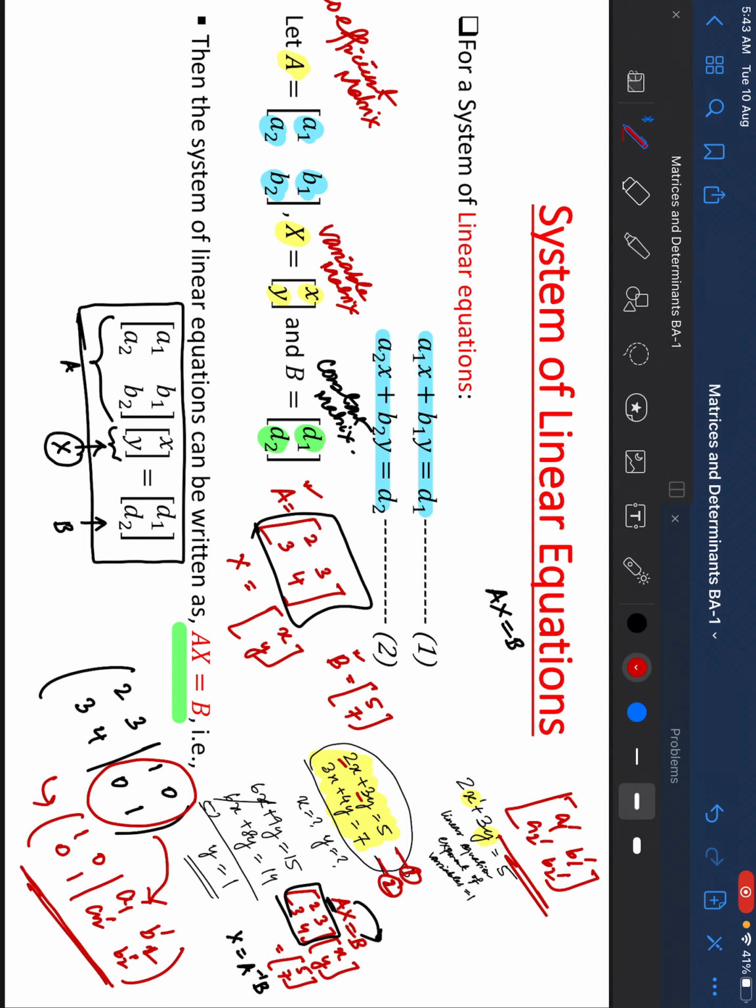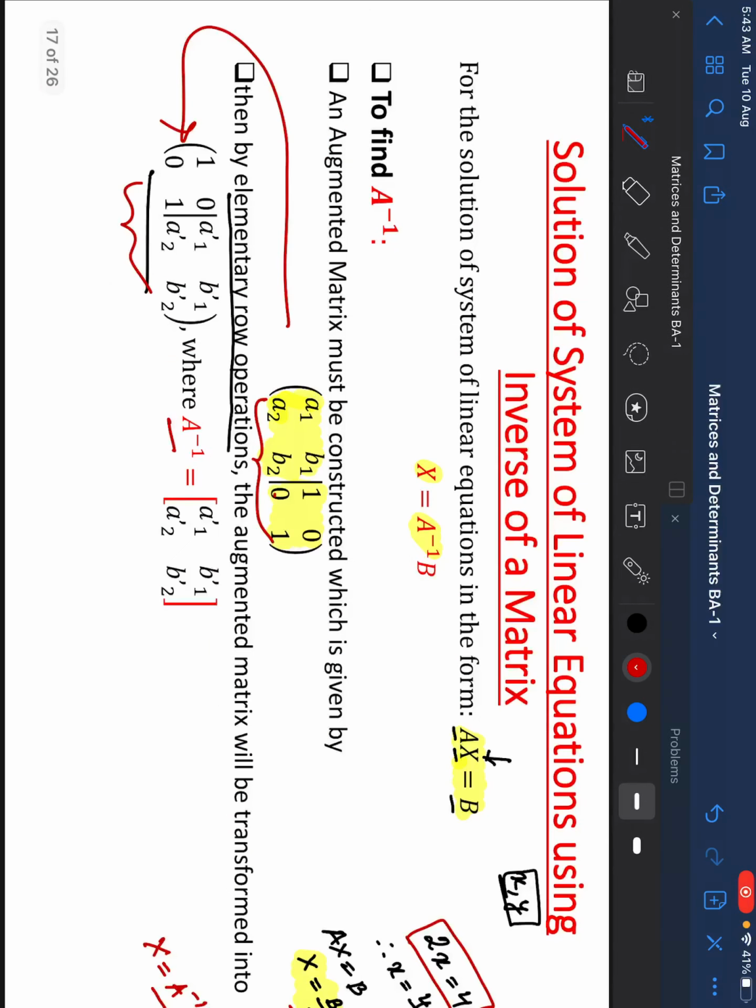This will become your A inverse. So that's how we find A inverse.